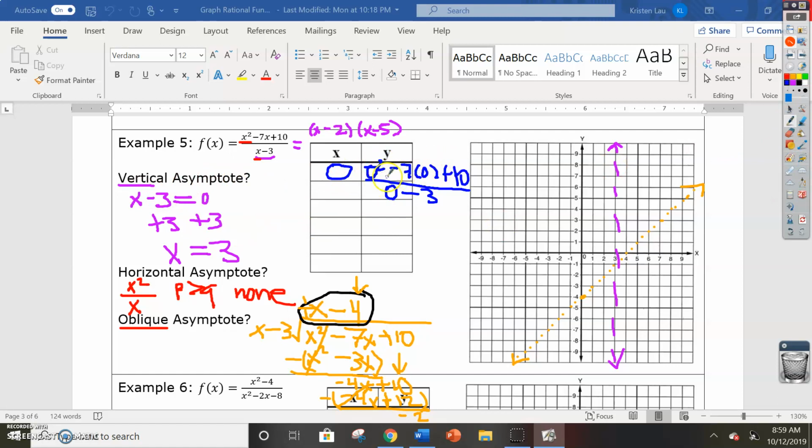So 0 squared is 0, negative 7 times 0 is 0, so we just have 10 over 0 minus 3, which is negative 3. So 10 divided by negative 3 is going to be about negative 3 point something. So I'm just going to put it in this area right there.